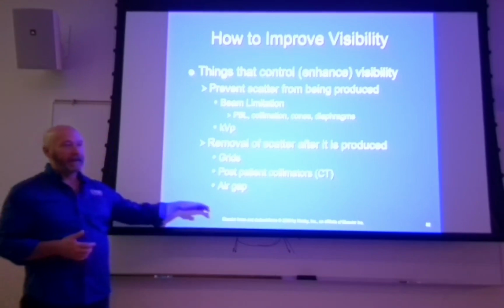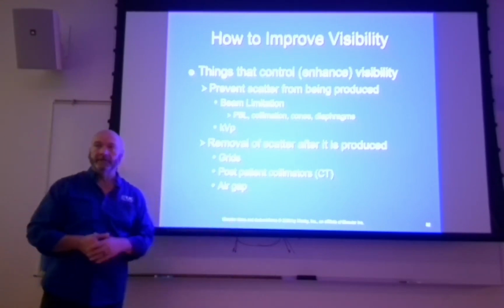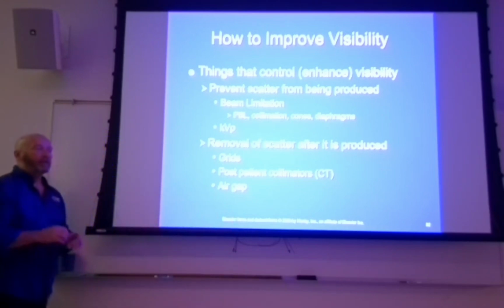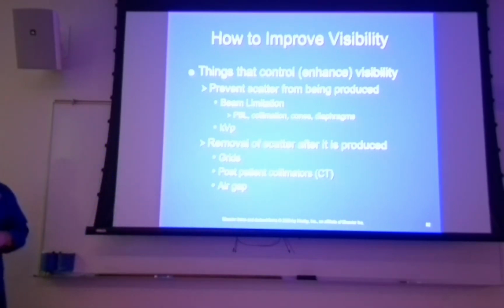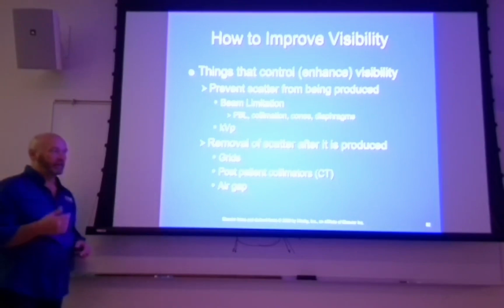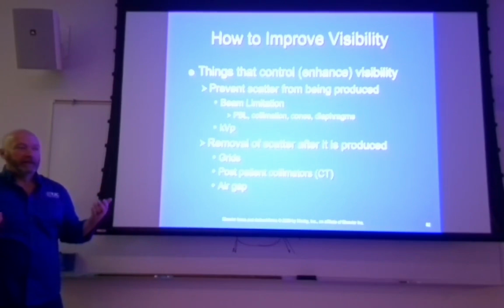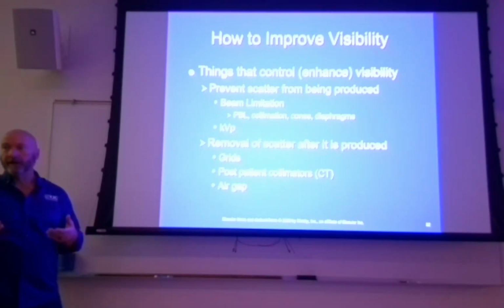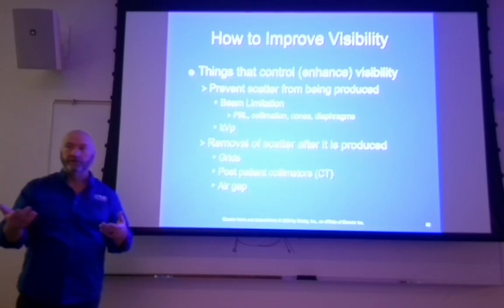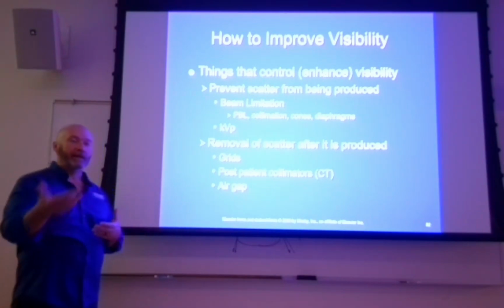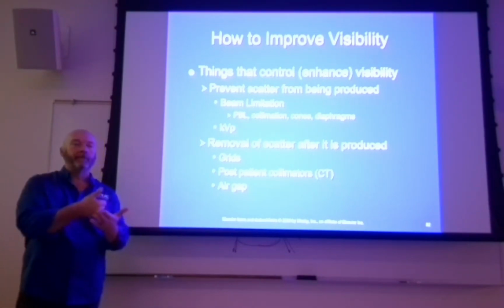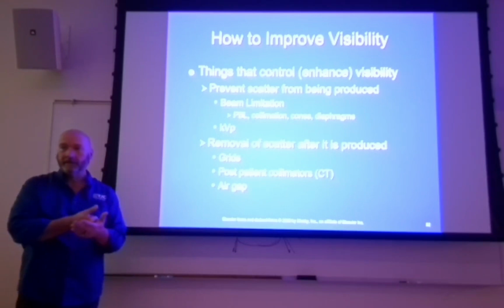I would also add into this digital grids. My understanding of how digital grids work is that you make an exposure and your machine, being calibrated, knows what KVP your X-ray tube should be putting out, right? And because of the filtration, 2.5 millimeters of filtration minimum, it knows what minimum KVP the image receptor should be receiving.